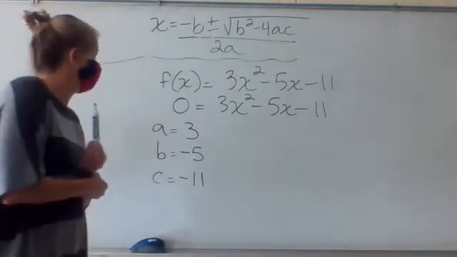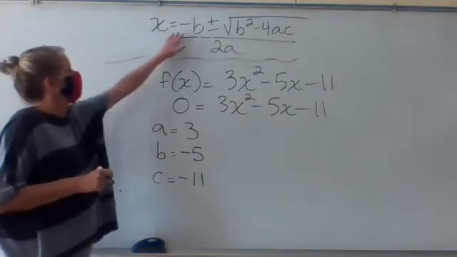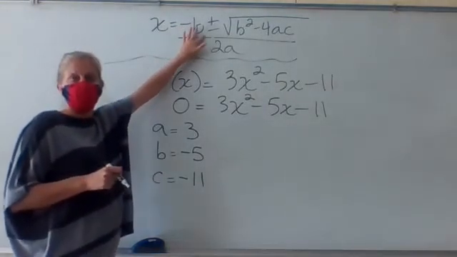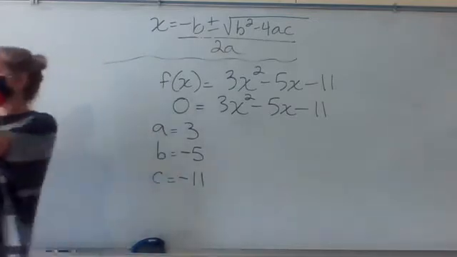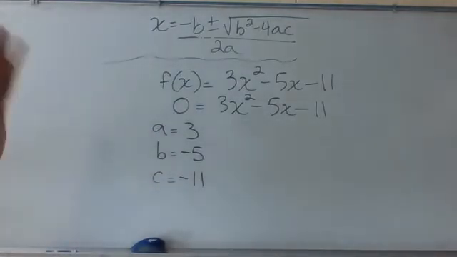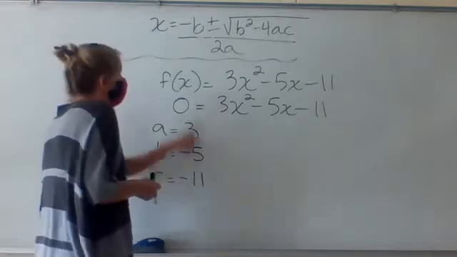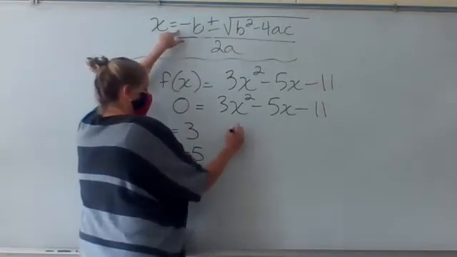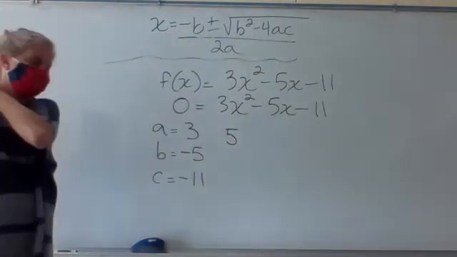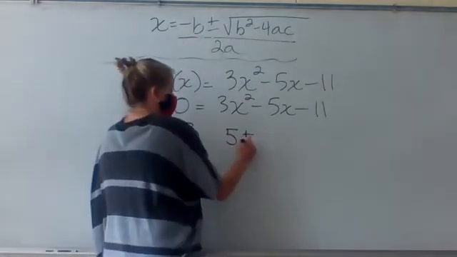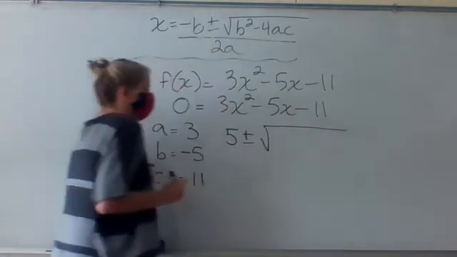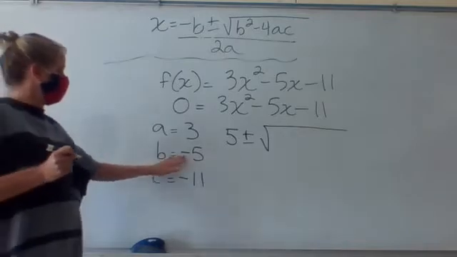And plug them in. So the first thing I need is the opposite of my B, and you'd be surprised how many people get that part wrong. If your B is negative 5, the opposite of it is going to be positive 5. Then plus or minus the square root. Then your B, but square it.